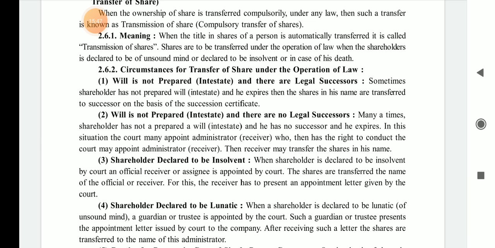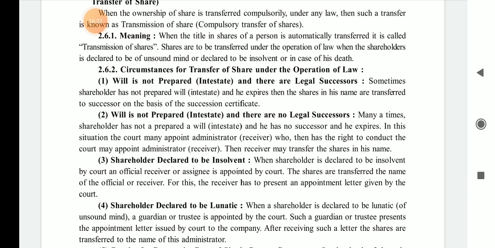Sometimes a shareholder has not prepared a will and he expires. Then the shares in his name are transferred to the successor on the basis of the succession certificate. See, if any shareholder who has shares has not prepared a will, but has a legal successor, at that time the whole shares are transferred to that particular legal successor as per the succession certificate.